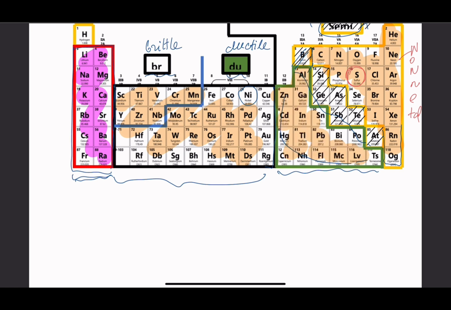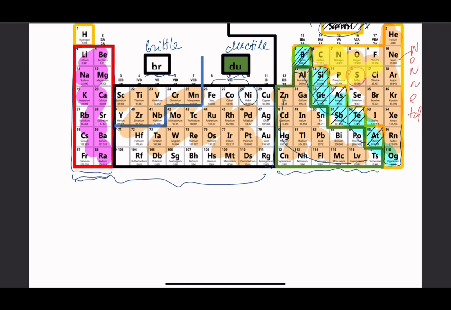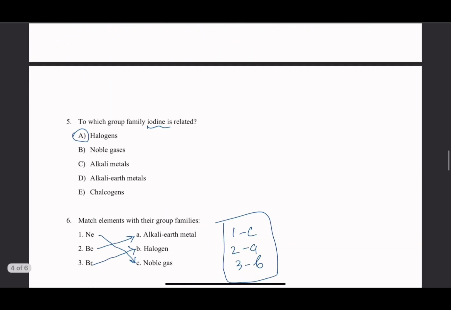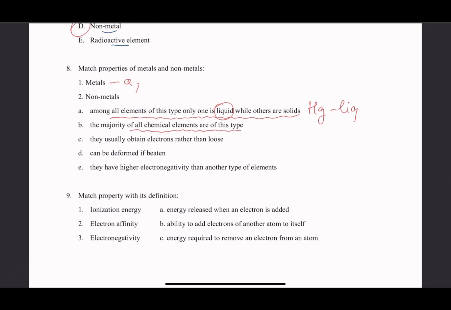But these are semi-metals, and these are non-metals. So most of the elements we have are metals. So the majority of elements of this type are metals, so this one is again B.